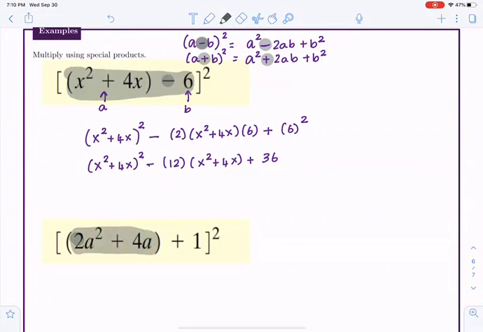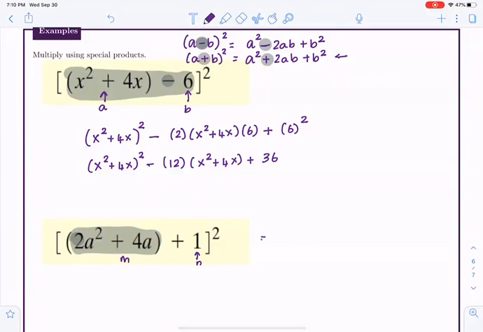So that is A, I could call it M. If we have to distinguish, let's just call that M, and we'll call that N. And (M plus N) squared, if we look at the special product here, instead of A, I used M, instead of B, I used N. What does the formula state?